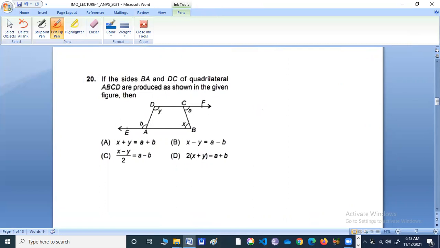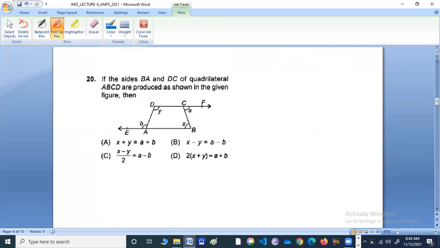Question number 20. If the sides BA and DC of a quadrilateral ABCD are produced as shown in the given figure, then the relation between x plus y and angle A plus angle B we need to find.